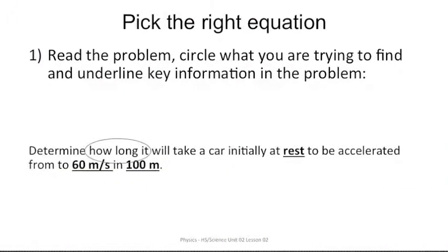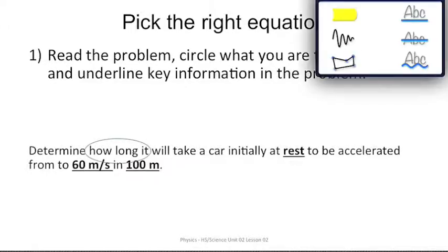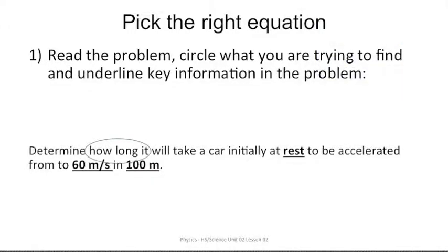So as we flip through it, here's how we pick the right equation. This is a very, very important thing. The first thing you want to do is read the problem, circle what you are trying to find, and underline key information. If you look right here, "how long" could have 2 connotations. It could be how long is the car in motion, or it could say how long will it take.